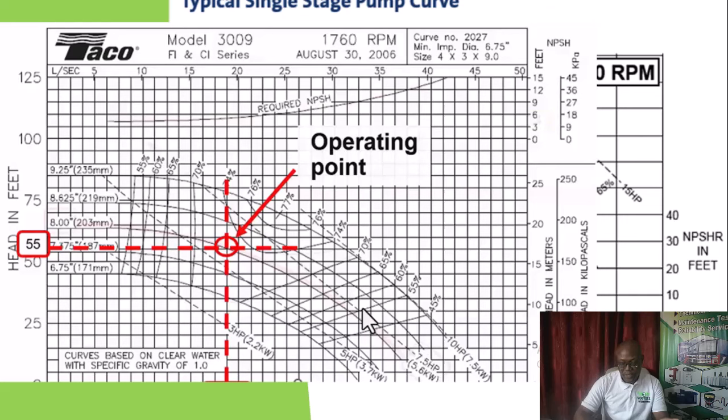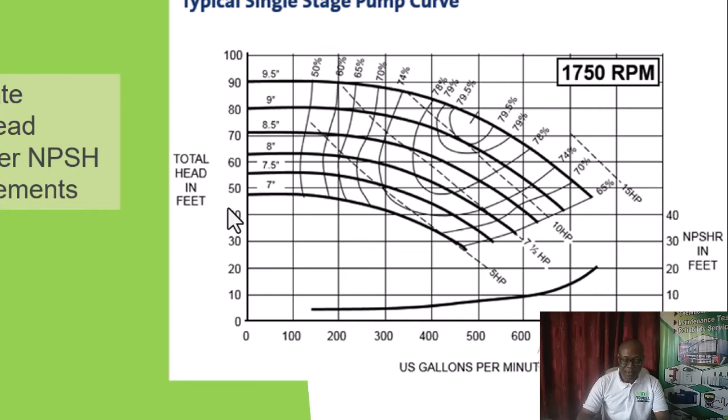So that is what will be selected, and the efficiency too, you see that is 74%, which is okay. Once we have determined that this is okay, then look at every other parameter, especially dimensions and what have you. Then we can choose that particular pump for our application.